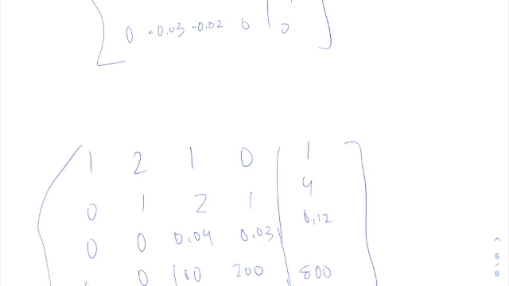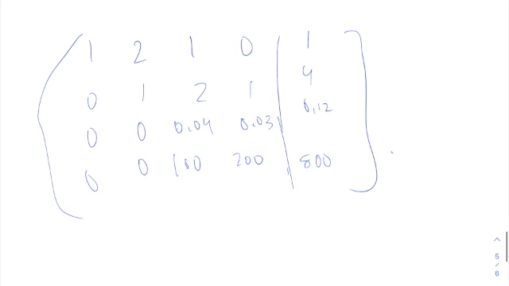100 is obviously bigger than 0.04, so we're going to pivot again. Again, this just makes it so rounding errors from computers are decreased. This is the same process as a computer would be doing.